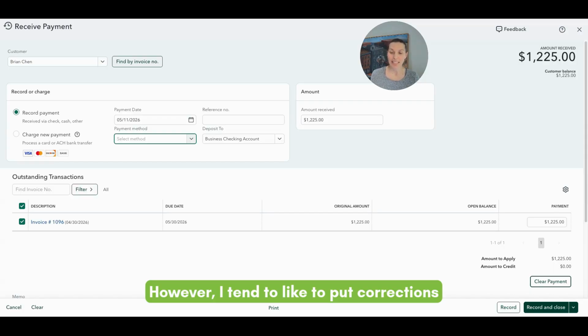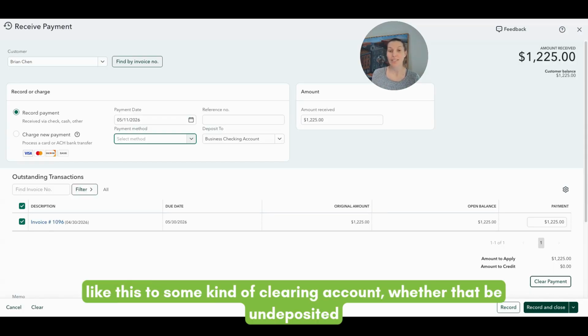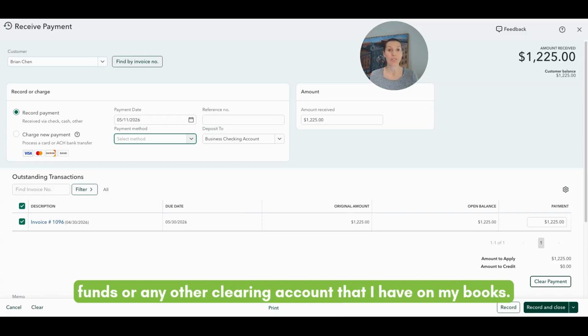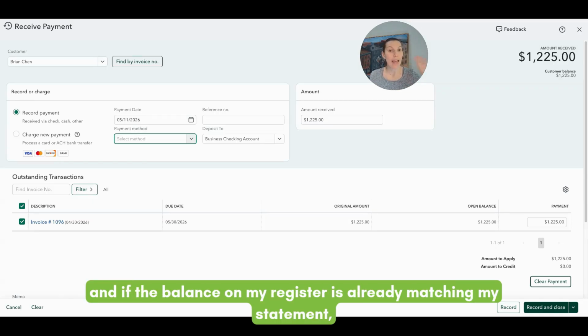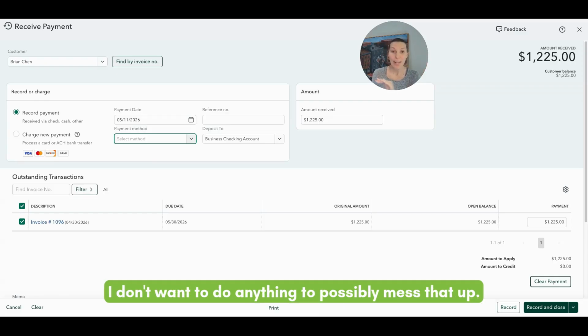However, I tend to like to put corrections like this to some kind of clearing account, whether that be undeposited funds or any other clearing account that I have on my books, okay? And the reason for this is quite simple. If my checking account is already reconciling and if the balance on my register is already matching my statement, I don't want to do anything to possibly mess that up. But I do want to make my other reports accurate.